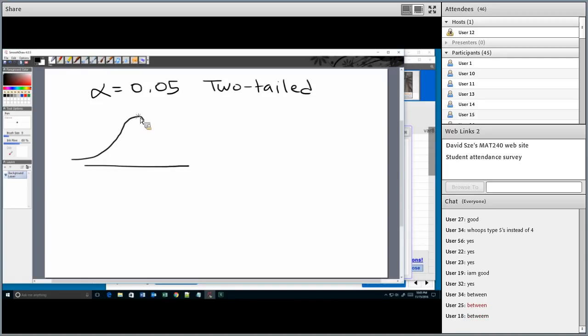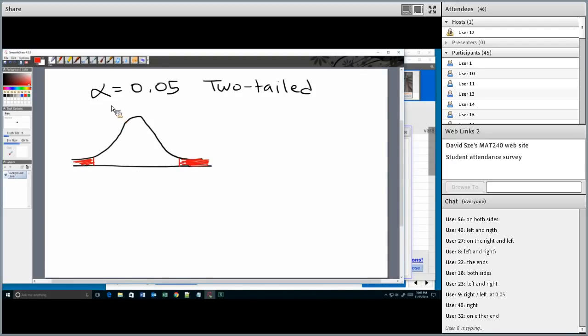So if I were to draw it, first of all, can you tell me where are my tails? Where are the tails? Just like Brian says, it's on the two sides, the left and the right side. Very good. Okay.